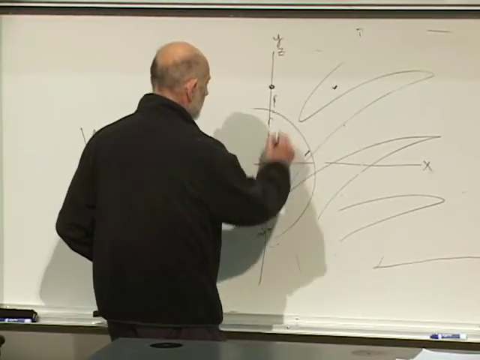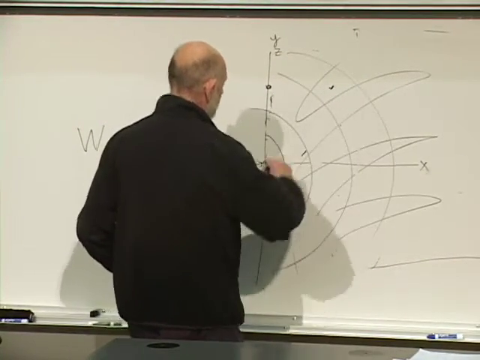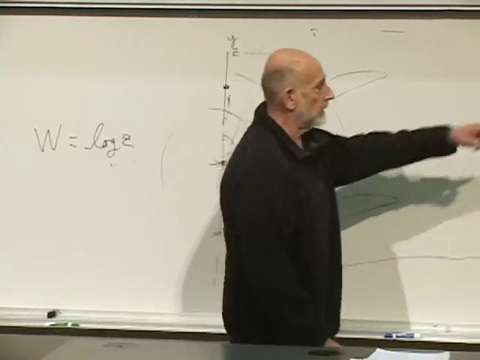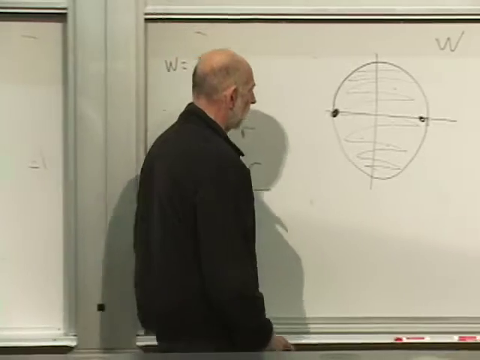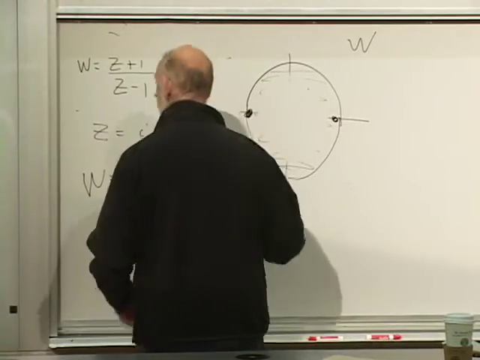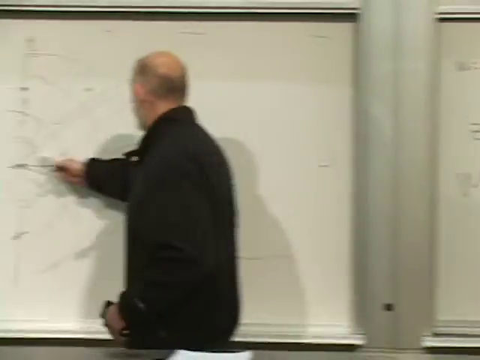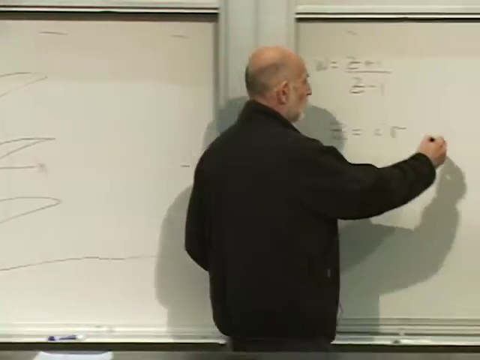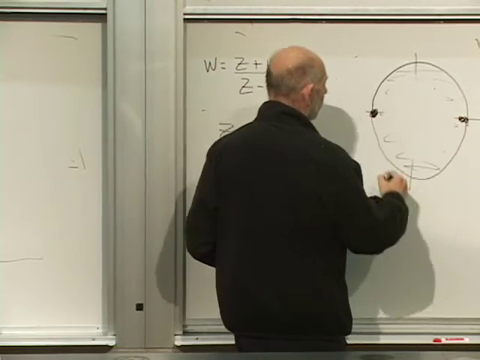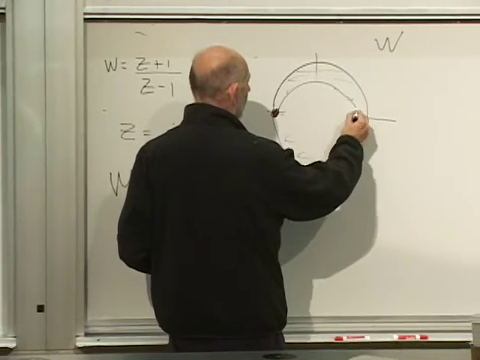We started with these circles and these lines here. What do they look like on the unit disk? Well, they look roughly like this. The radial lines start at one end and go out to infinity, but infinity was over here. So the radial lines look like this.